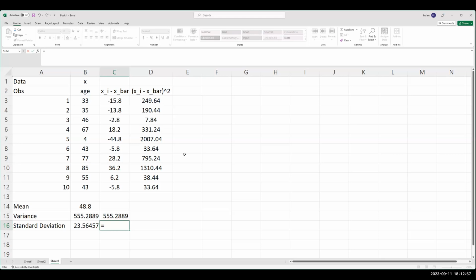Standard deviation is just the square root of that, but we have its own separate formula, STDEV.S, open parentheses, highlight all the data, close parentheses, and you see you get the same number. Two different ways to do the same thing. Whatever you know how to do, use that to do well in the class. And there's probably 10 other ways to do this as well.